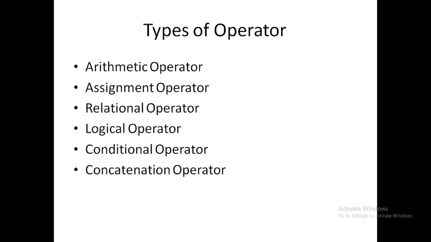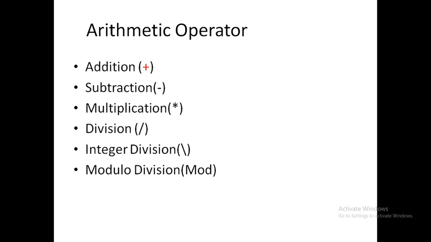So let us see the arithmetic operators: addition, subtraction, multiplication, division, integer division and modulo division, which means we have to find the remainder. In VB.NET there are three division operators available: slash, backslash and mod.